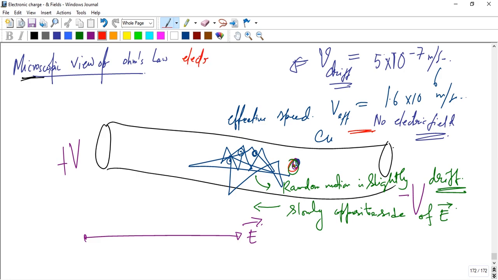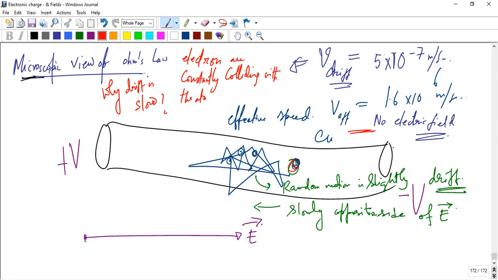Why is drift slow? Important: electrons are constantly colliding with the atoms of the conductor.